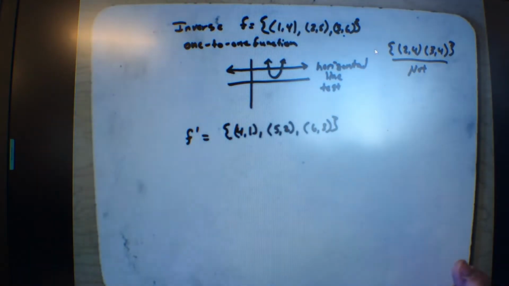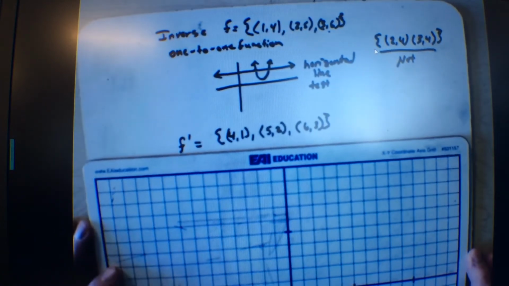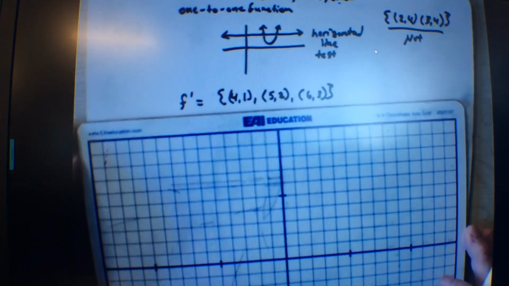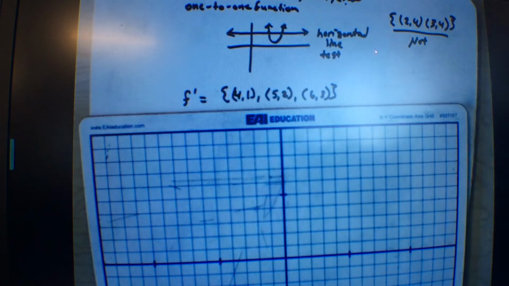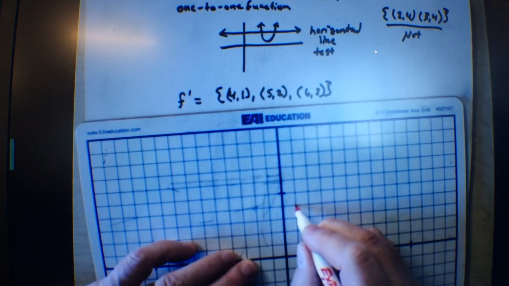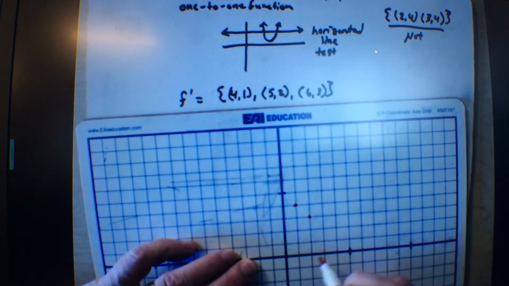Now, let me show you on a graph. I'm going to put this graph up here real quick. I'm going to move this up a little bit so we can see the points. Okay, I'm going to show you on a graph how these points look and what they are. Okay? I'm going to do the first ones, f, in one color, 1, 4, okay, 2, 5, and 3, 6, correct?